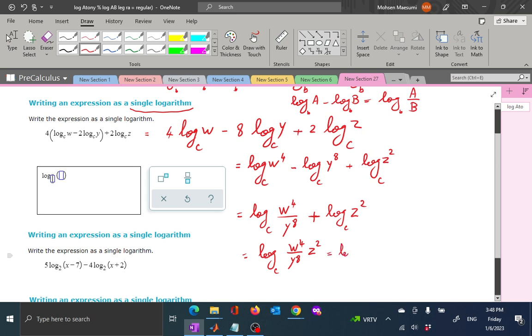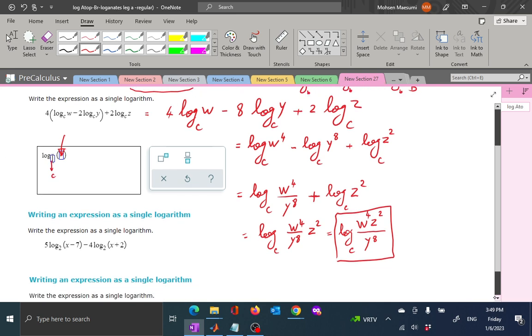It's a lot nicer if we treat all the entries the same way. w4 z squared over y8, it's the same thing. This quantity times this fraction, or that quantity times the numerator of that fraction divided by the denominator. So here is the expression that you have to enter here, and of course the base is just c.